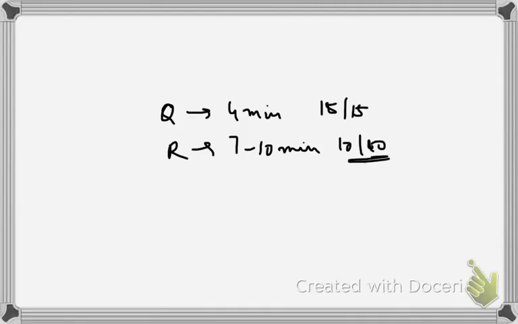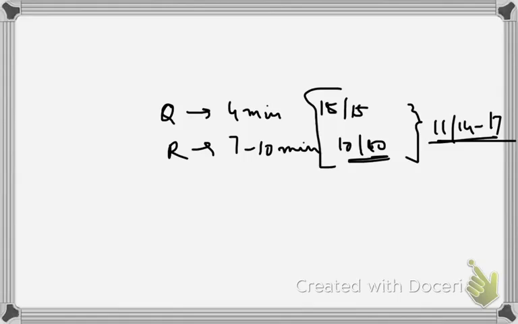So you could have clearly done it in 11 to 14 minutes out of the 17 minutes allotted to you. It was an easy worksheet, and it was completely scoreable.